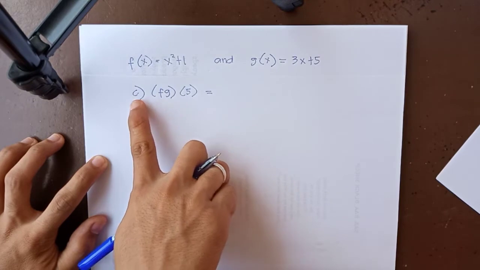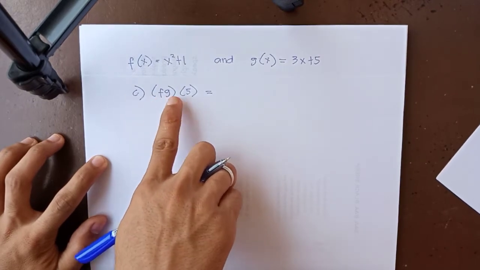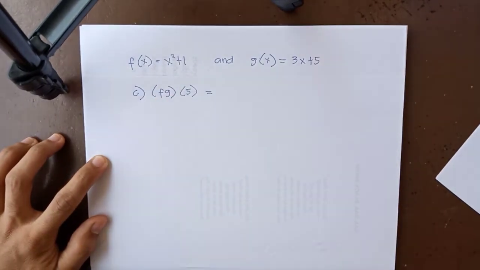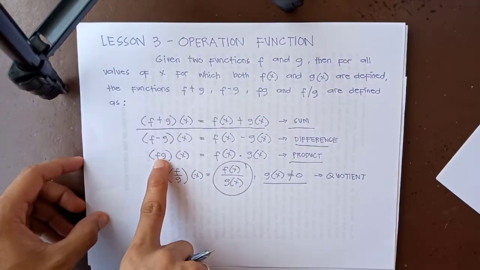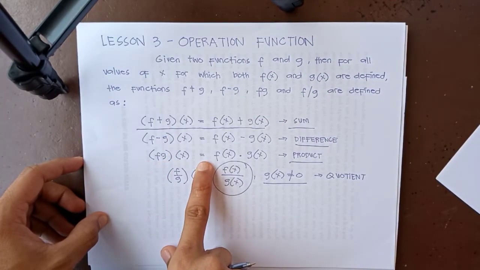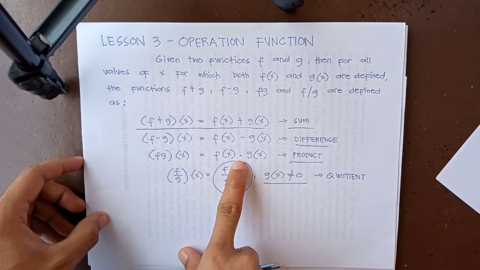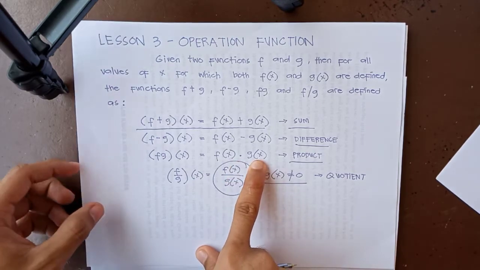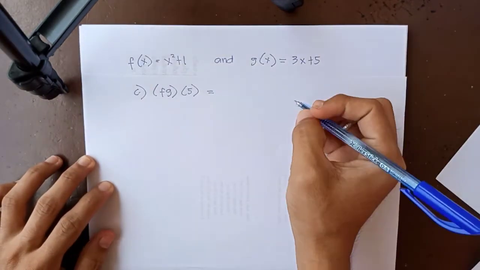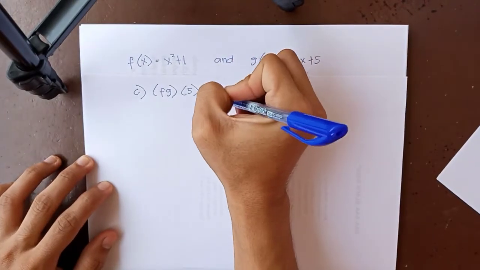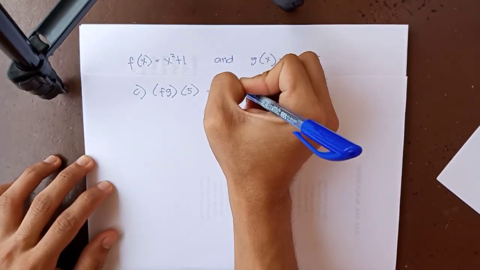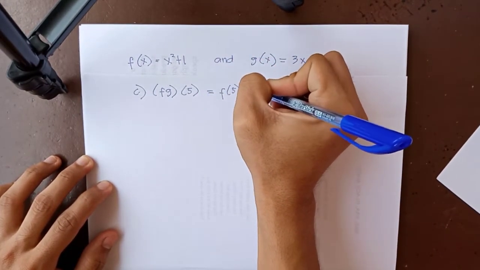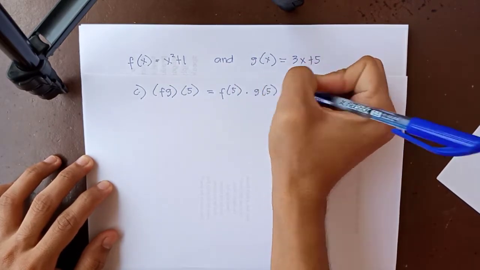We are now in problem letter C, f times g of 5. From the definition ganina, f times g of x is equal to f of x times g of x. Okay, so this is equal to f of 5 times g of 5.